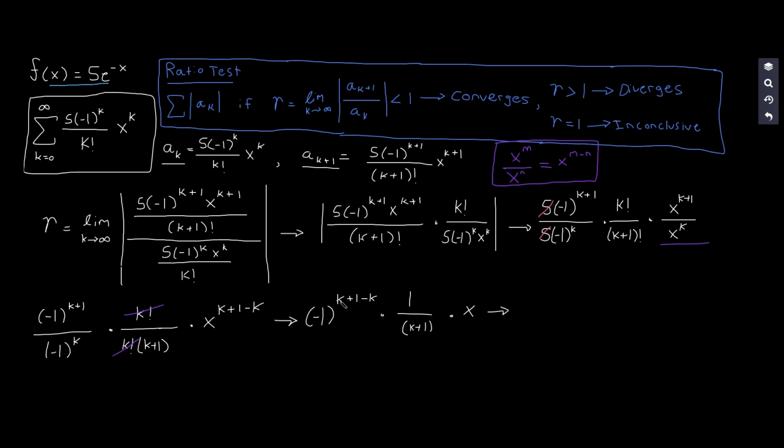Same thing with this, it's just going to be negative 1. So this is going to be negative 1 times 1 over k plus 1 times x.